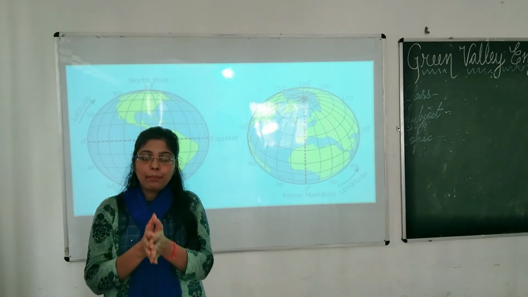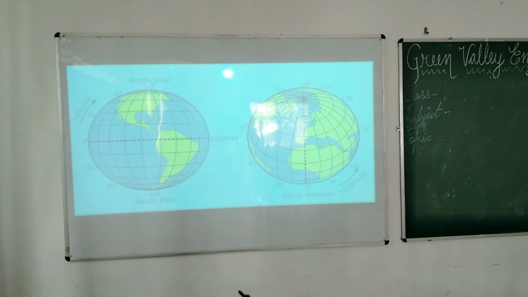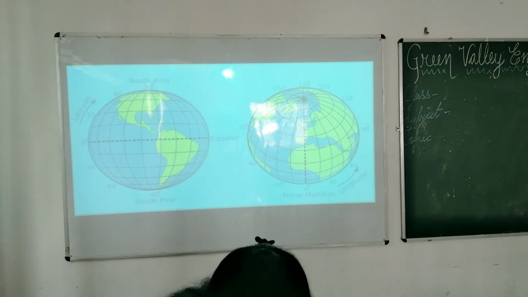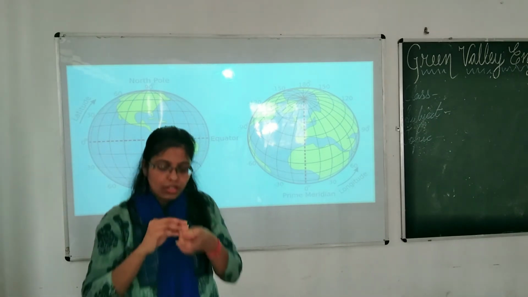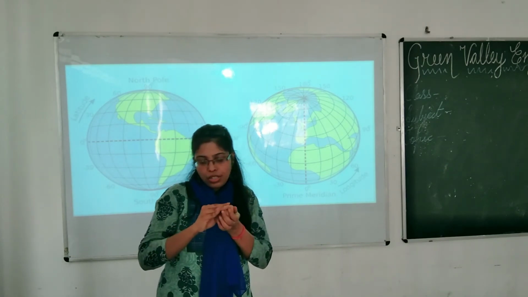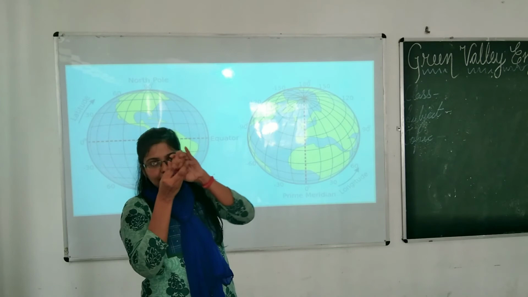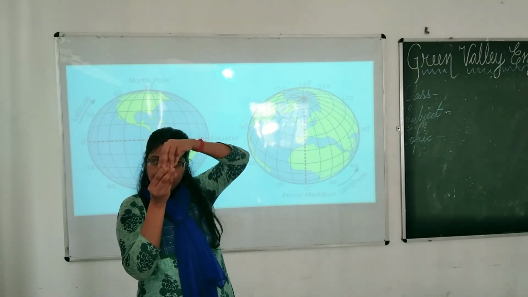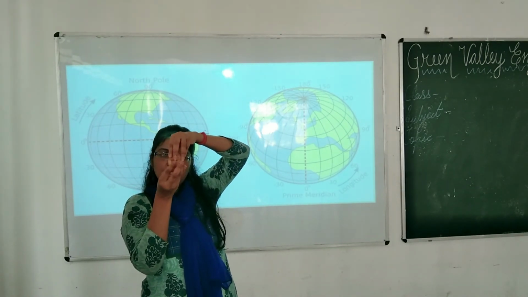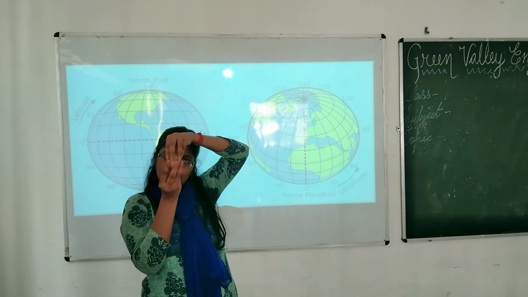Just now I gave an example of the potato. So this potato was just representing the earth's surface. I bifurcated it from the center, so this is latitude.